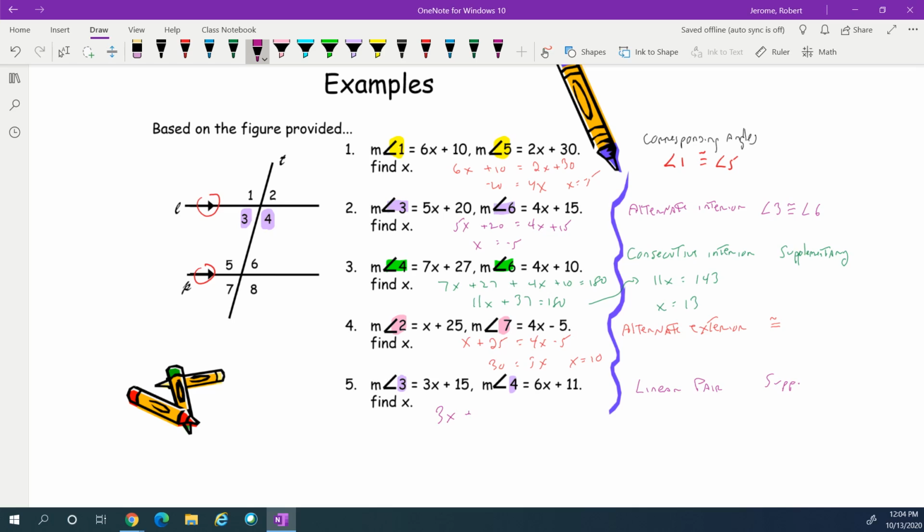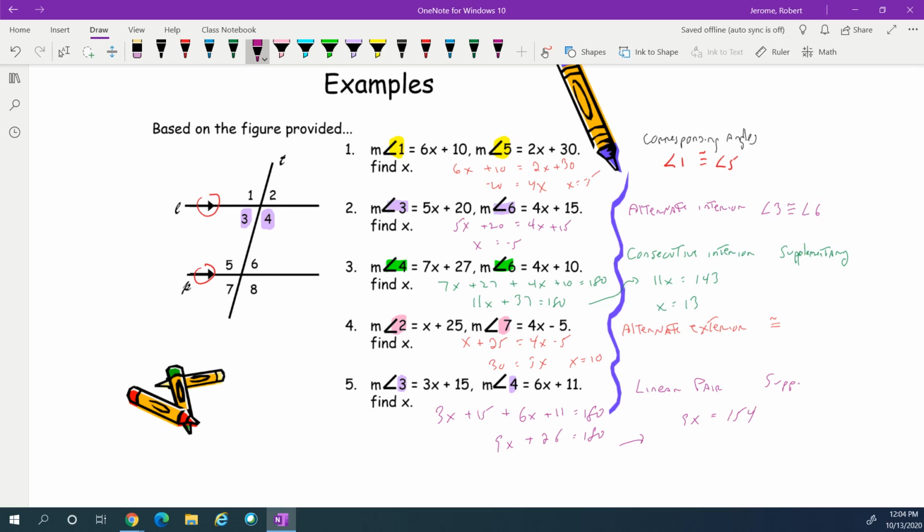So we have 3x plus 15 plus 6x plus 11 equals 180. That's 9x plus 26 equals 180. 180 minus 26 gives us 154.